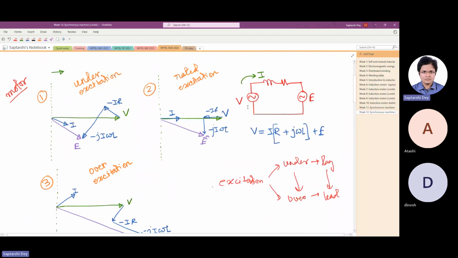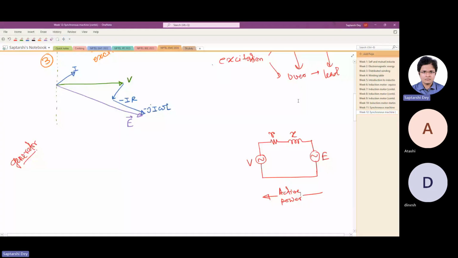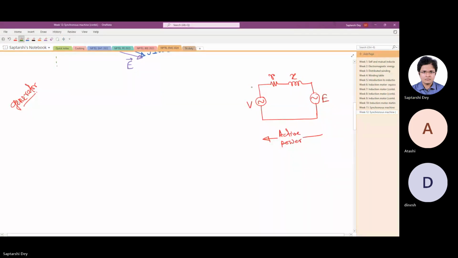Okay, so let us keep the direction of the current same. Let us keep I as usual, right? So the equation does not change. So V becomes, obviously, a vector, IR plus j omega X plus E.